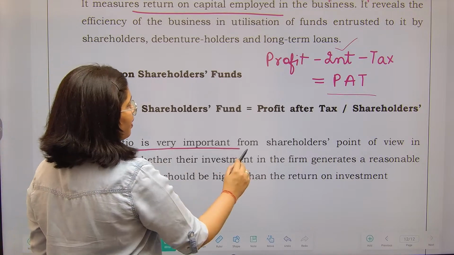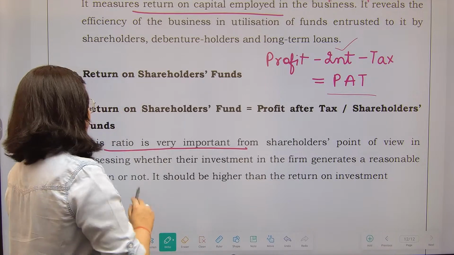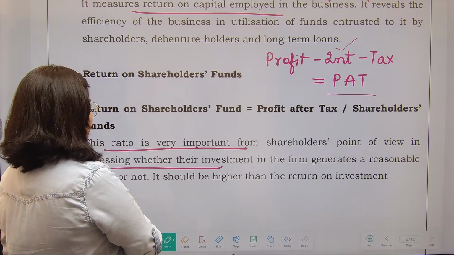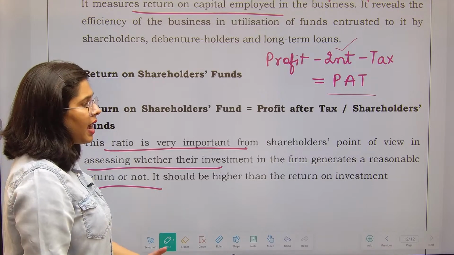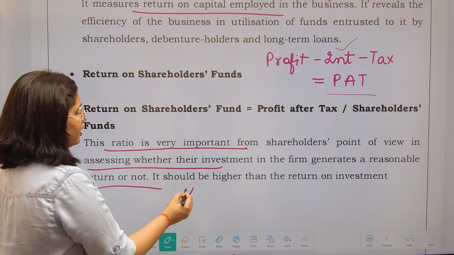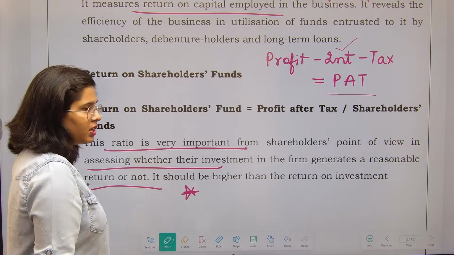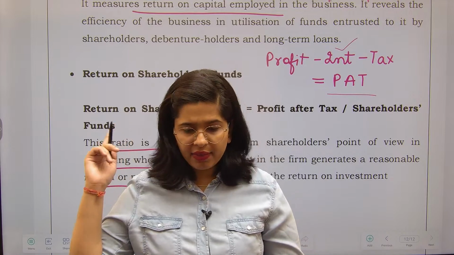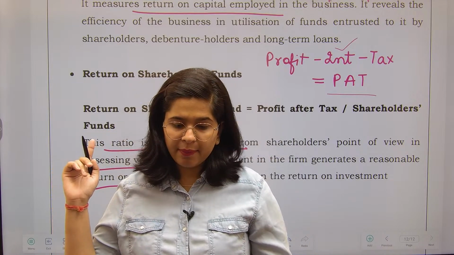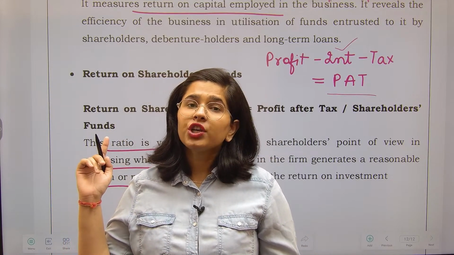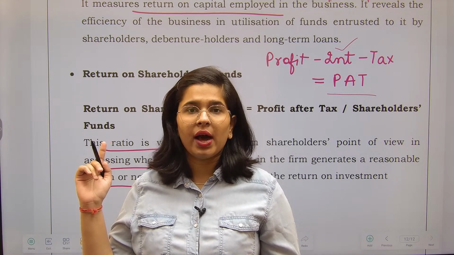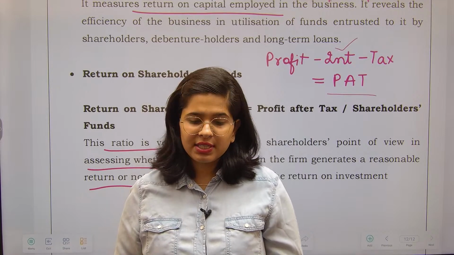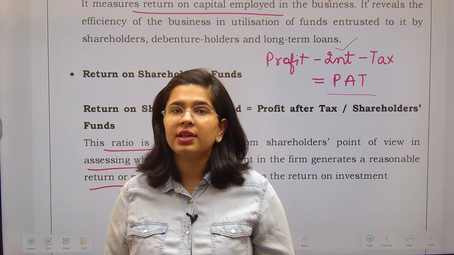This ratio is very important from the shareholders' point of view in assessing whether their investment in the firm generates a reasonable return or not. It should be higher than the return on investment. Very important. The return on capital employed that we have calculated, now shareholders should get a higher return. Why? Because otherwise, what is the benefit of being the owner? So this is your return on shareholders' fund.